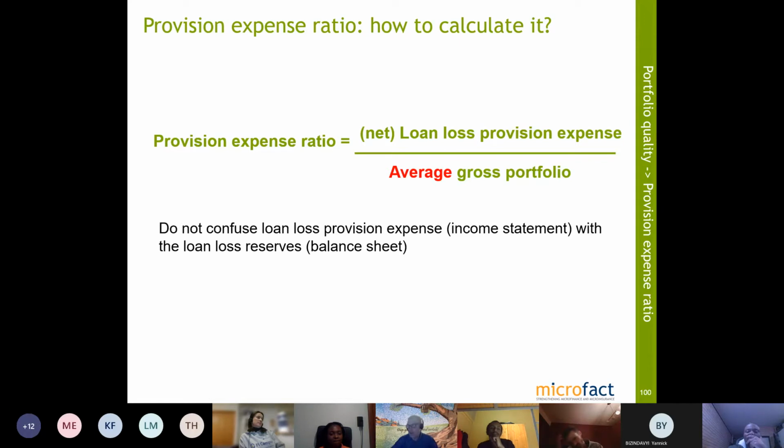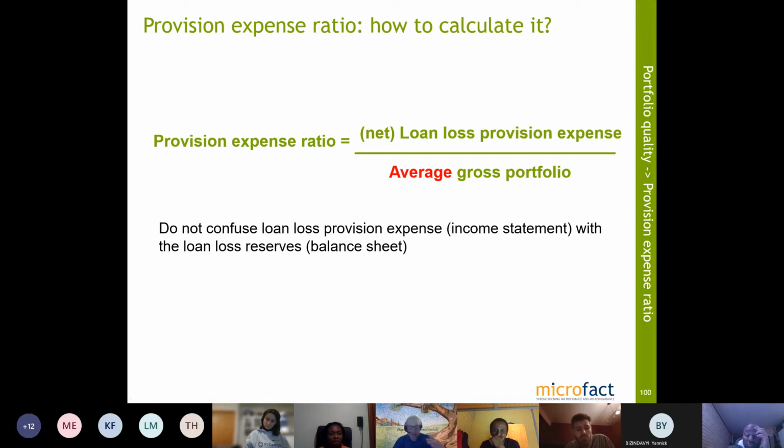So this is an expense from your profit and loss account. So this is the movie. When you want to compare this to your gross loan portfolio, you have to make at least a small picture of it, a small movie, by taking the average of two pictures. Otherwise, you will make a big mistake.